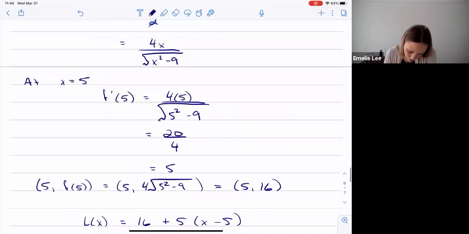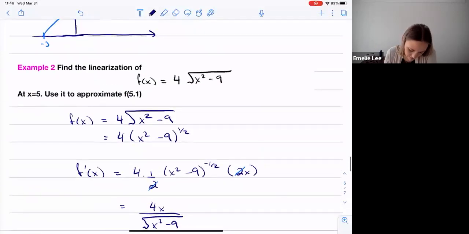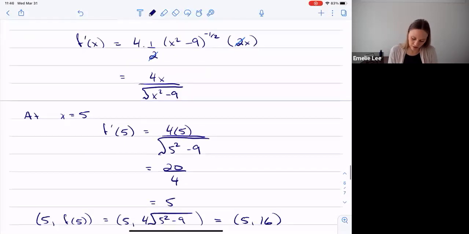Here, it only asked us to use it to approximate f of 5.1. So we're done, but just to seal the deal, let's figure out if this is an overestimate or an underestimate.